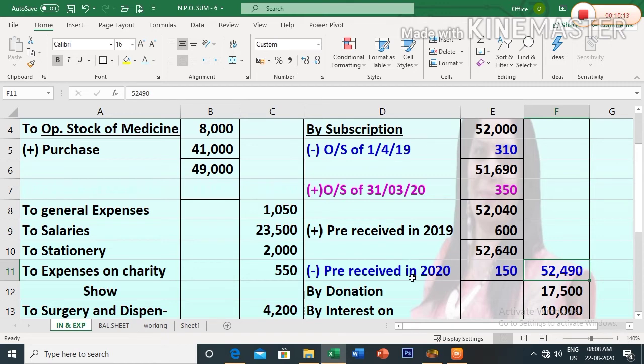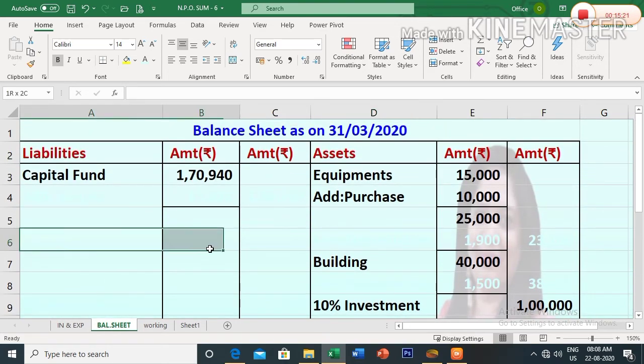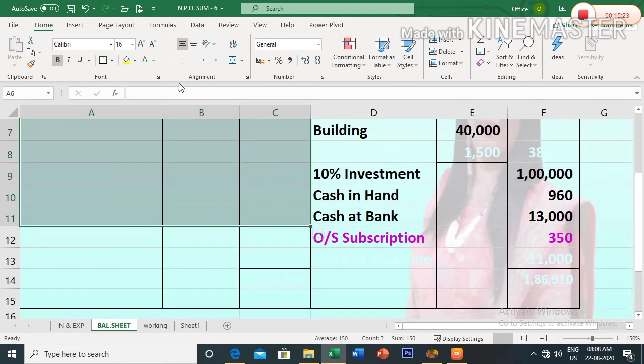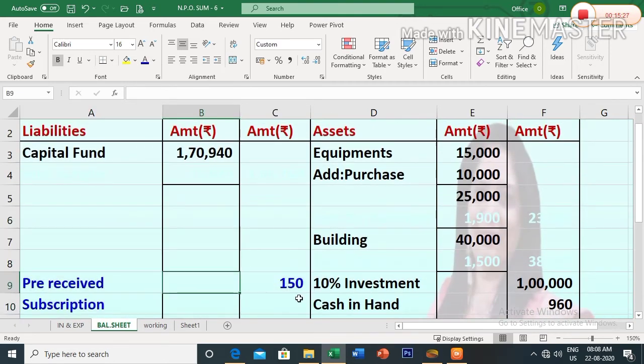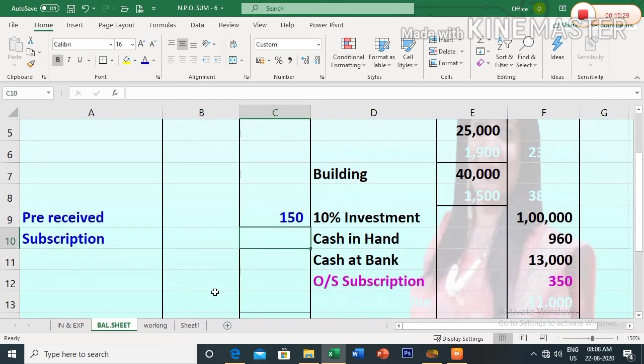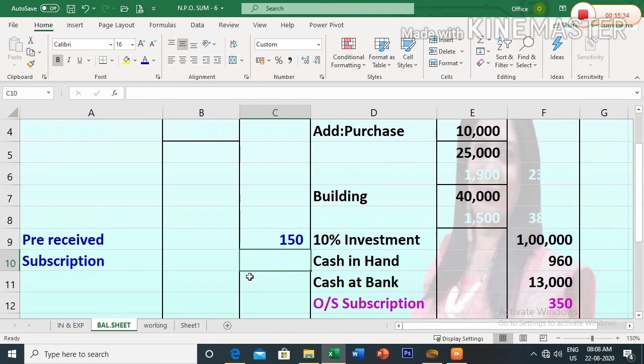The second effect will be given in the balance sheet, liability side. You have to record pre-received subscription 150 on the liability side.